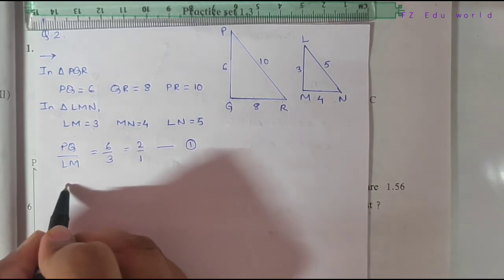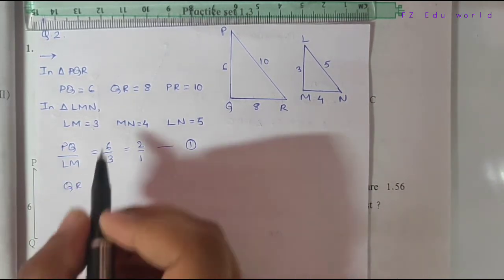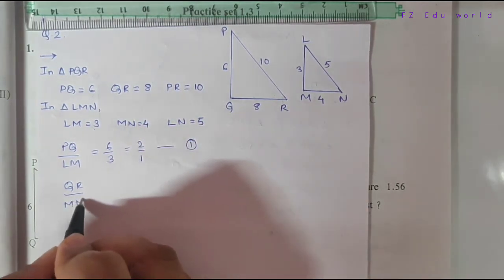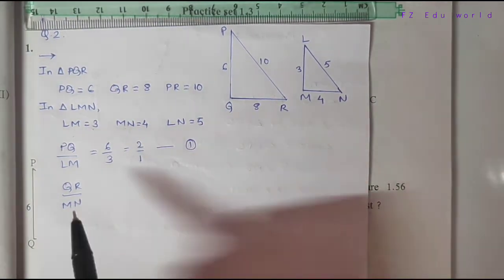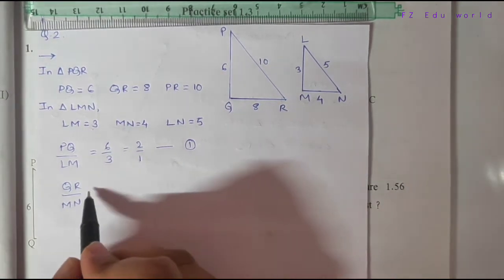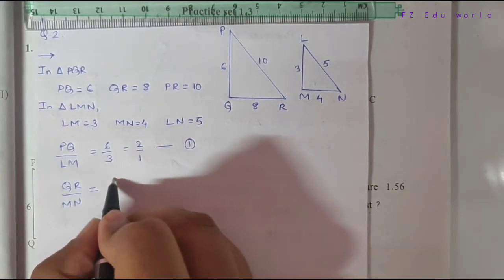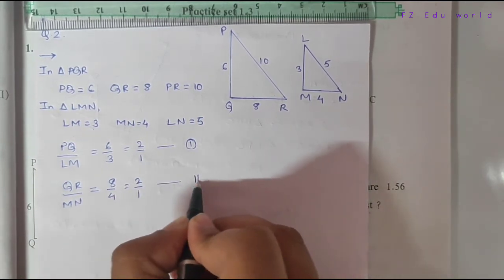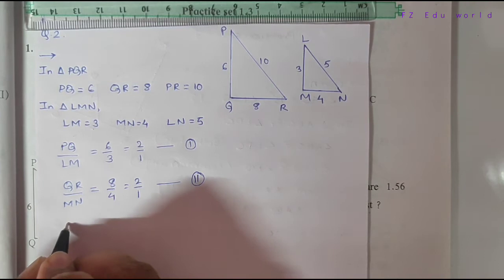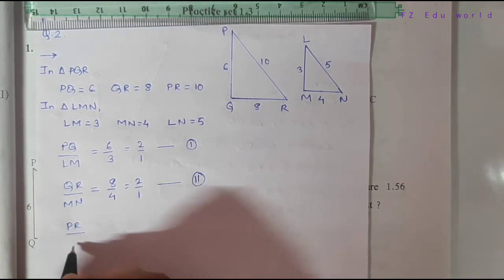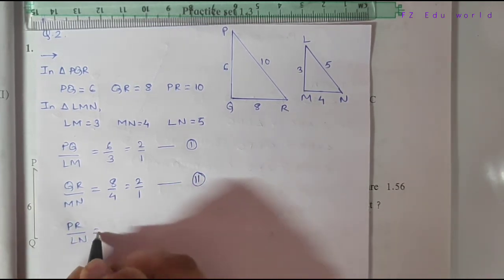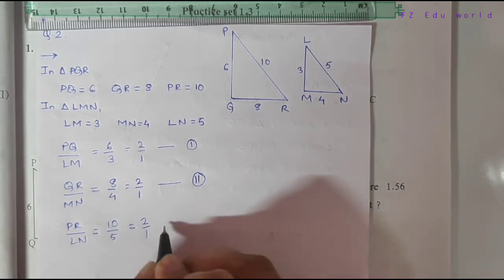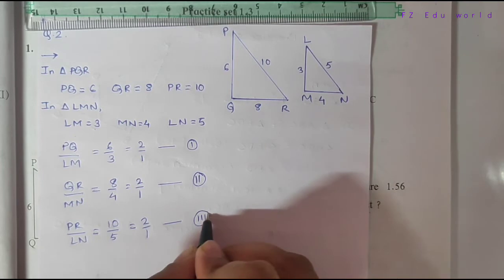Second, we will take the ratio QR upon MN. QR upon MN is equal to 8 upon 4, that is 2 upon 1. Equation second. Now PR upon LN is equal to 10 upon 5, which equals 2 upon 1. Equation number third.